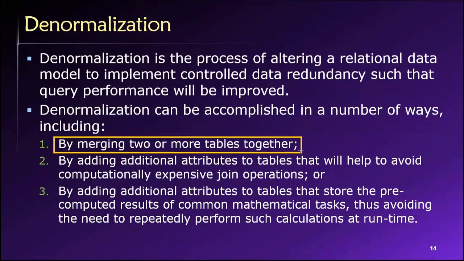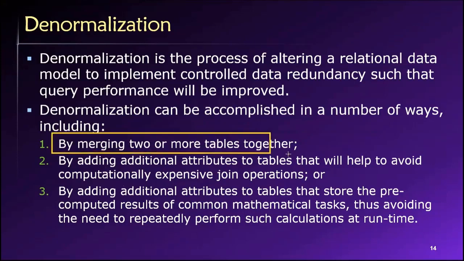Indeed, this is generally less desirable than some of our other strategies. Nevertheless, there are times and places where this is perfectly appropriate and acceptable, and indeed is the best way of doing the denormalization task. However, we should always consider our other 2 options before merging tables together, because that's a big change to the database, right?